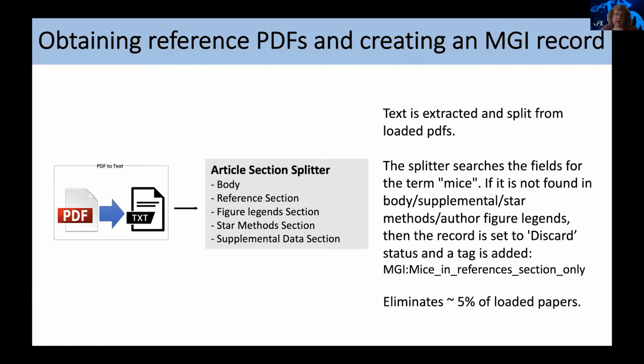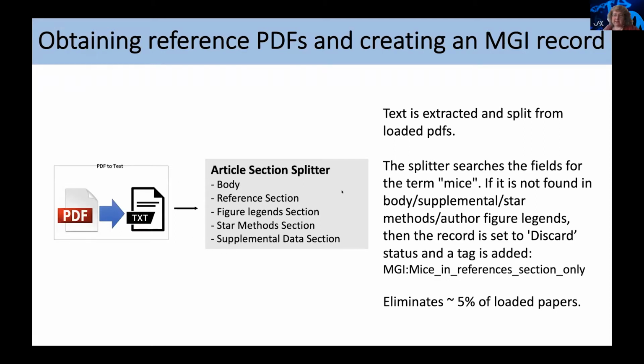We also then further analyze the text in the PDF by sectioning the text within the article. We then pull the text from the body, the references, the figure legends. Some journals have something called a STAR method section, which lists reagents used in the paper, as well as a supplemental data section whenever that's available.